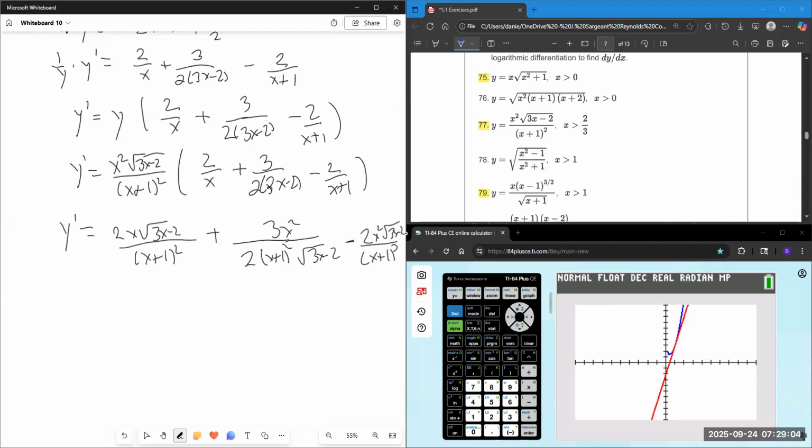Awesome. So these two already have like denominators. So let's get the rest of these. I need to multiply the first and last.